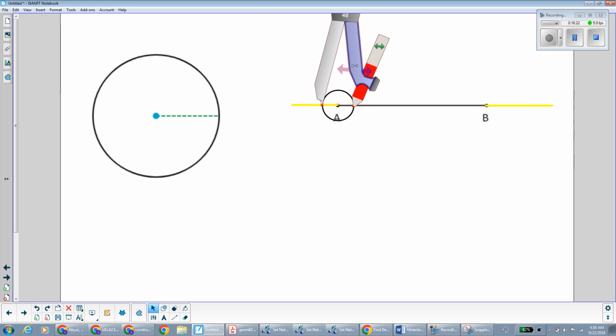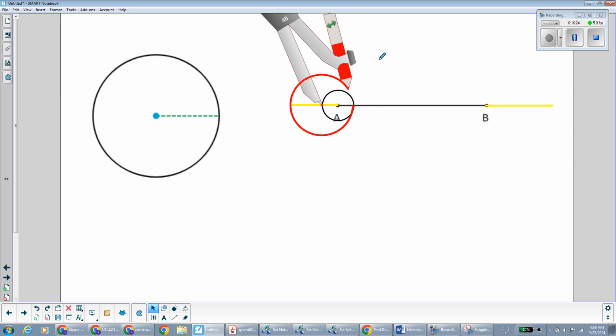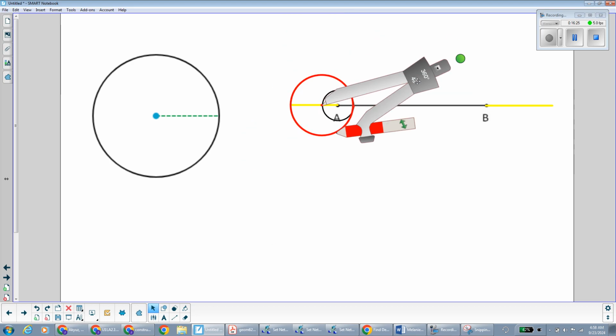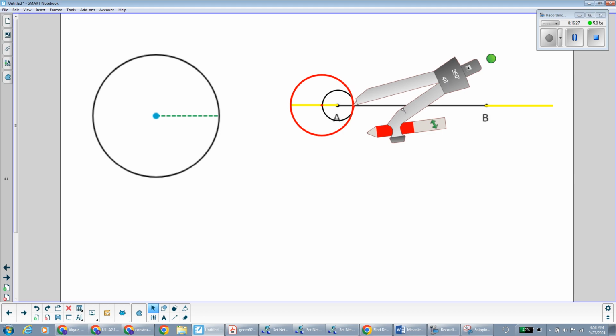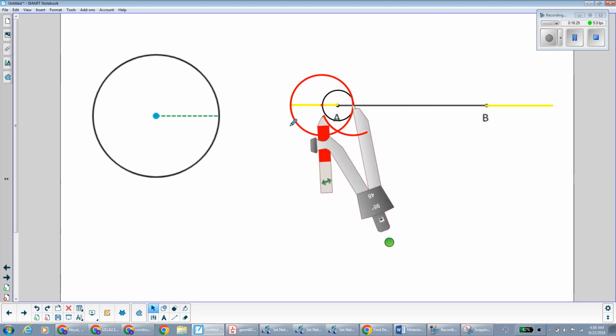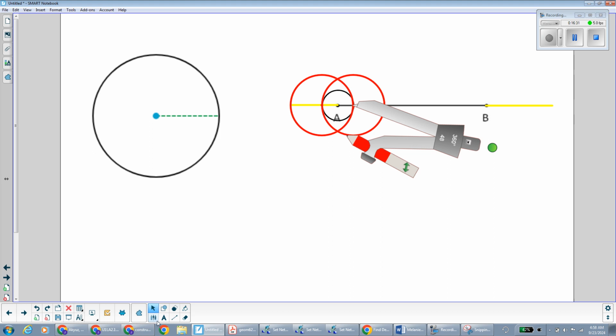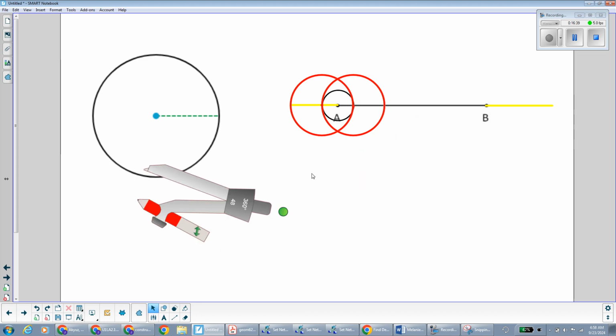Open up the width of the intersection, swing a circle. On the other intersection point, swing the same circle. And right through there is going to be my perpendicular line through the intersection points.